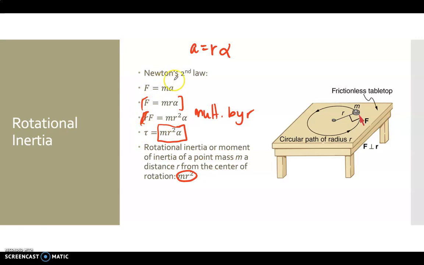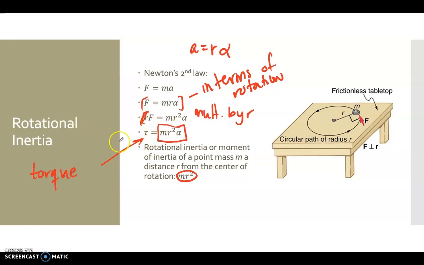So, again, we started with Newton's second law: F equals mass times acceleration. Put that in terms of rotation. We just multiplied by r and then said that that is equal to torque. So that's what this T is. It's called torque.